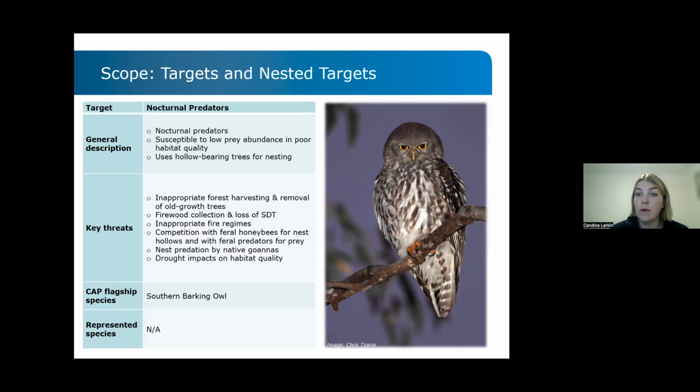Because they are a top vertebrate predator, they rely on having a really healthy ecosystem where they have plenty of prey availability. And each time you have less habitat, less high quality habitat, there is less prey for these guys, and it really takes them a long time to repopulate.